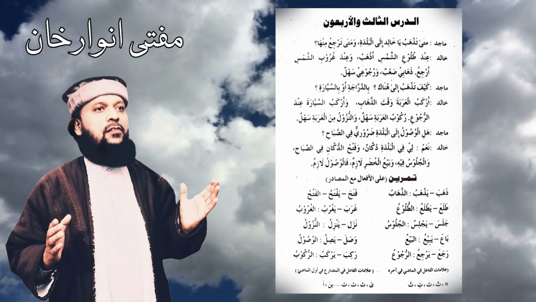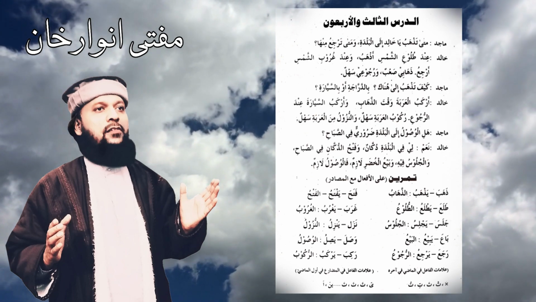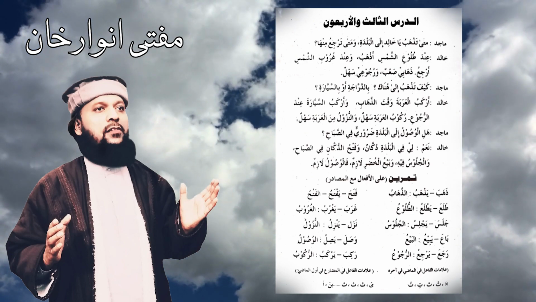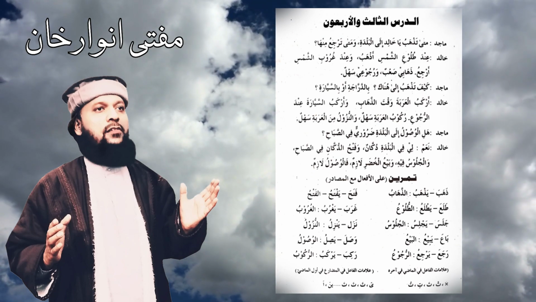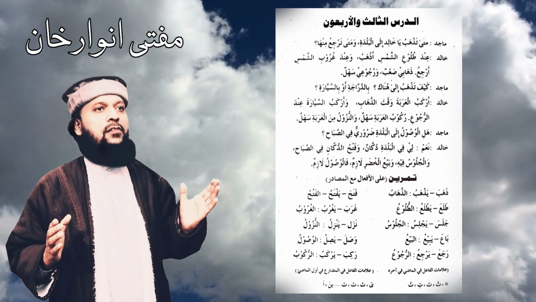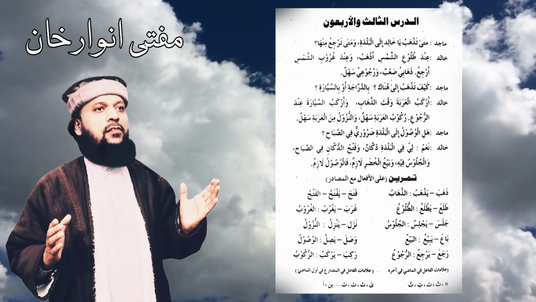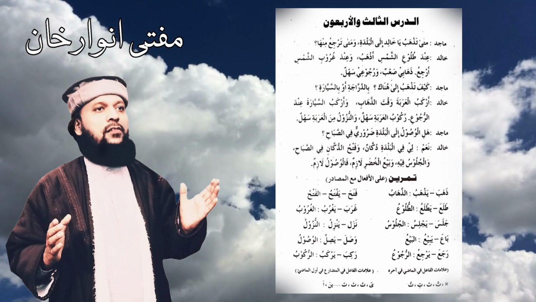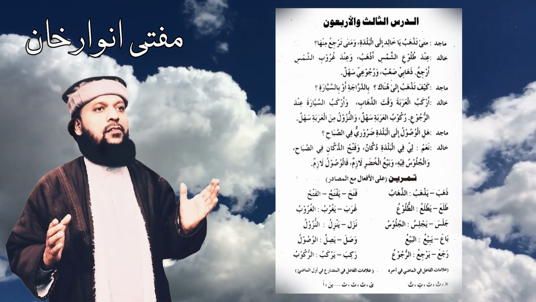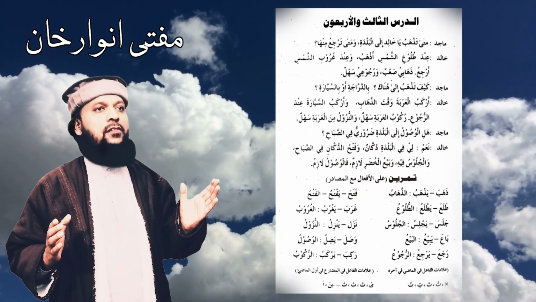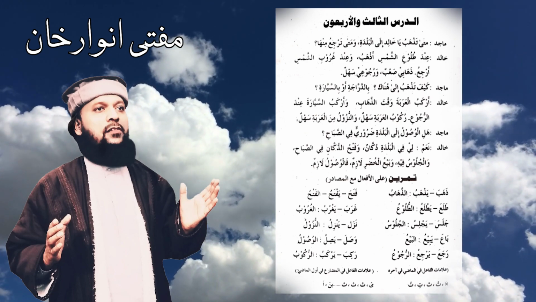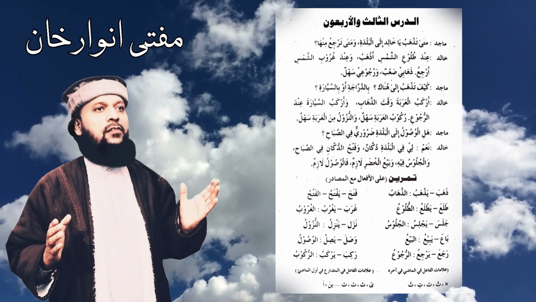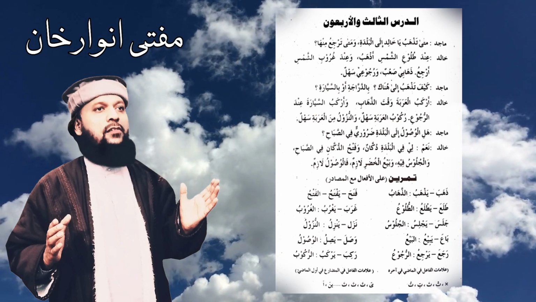In the verbs other than trilateral, which fall under the category of the Sulathi Mazid Fi or the Rubai, they have certain forms, certain sighas, but in case of trilateral verbs, there is no specific form of al-masdar. It totally depends on the dictionary or a good teacher who will tell you that this is a masdar.